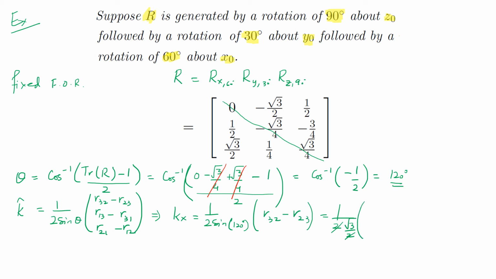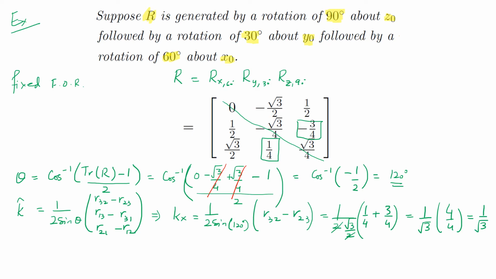R32 is this term over here, and R23 is this term over here. So you have 1 over 4 plus 3 by 4, and when manipulated, it is going to be 1 over root 3, and then you have 4 over 4, which is equal to 1, and that obviously is equal to 1 over root 3.